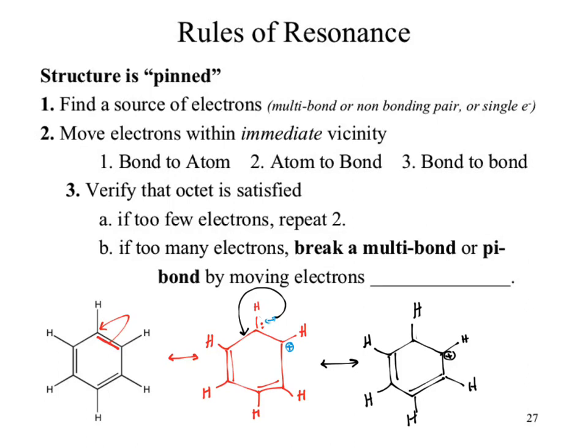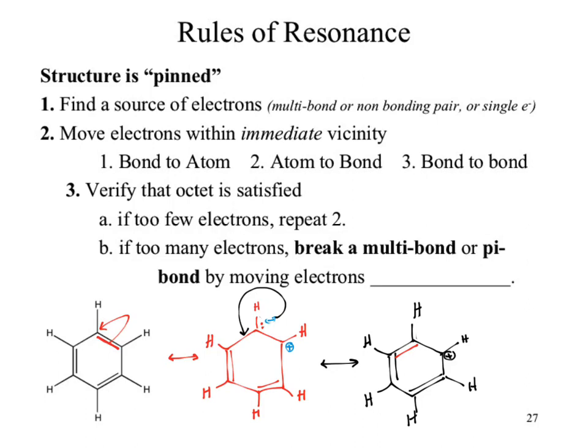What is the problem with this move? Now I've exceeded the octet on the carbon. This is where these octet things come into play. I'm not at too few electrons, I'm at too many electrons. In the case of when I had exceeded the octet for the hydrogen, I'm still in the same boat.